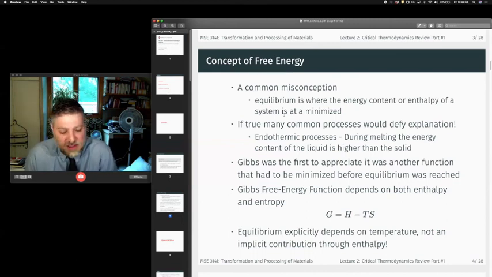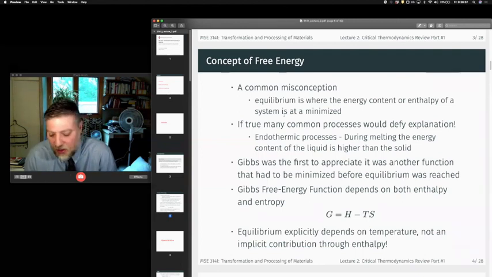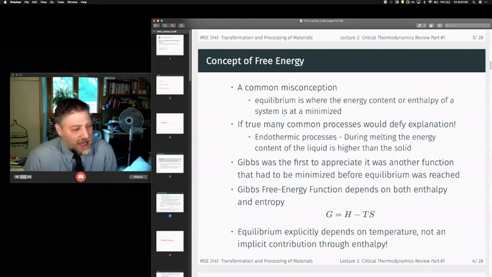You hear this over and over again, even from people that should know better, especially when people are being careless in their language. Even people who do know better say things incorrectly. Okay, so Gibbs was really the first person to appreciate that there's another function that has to be minimized before equilibrium is reached.